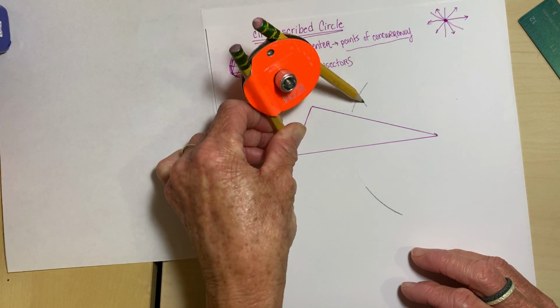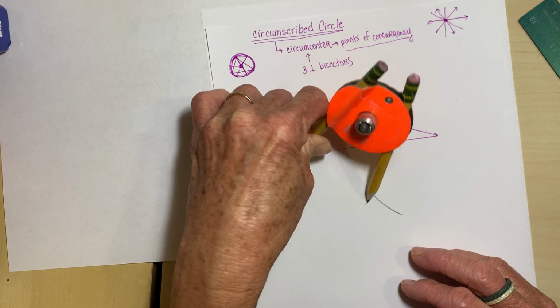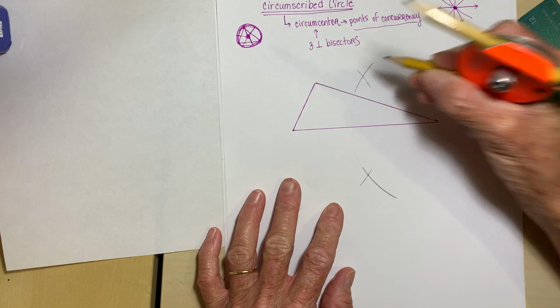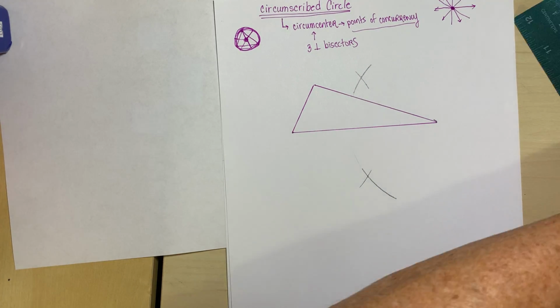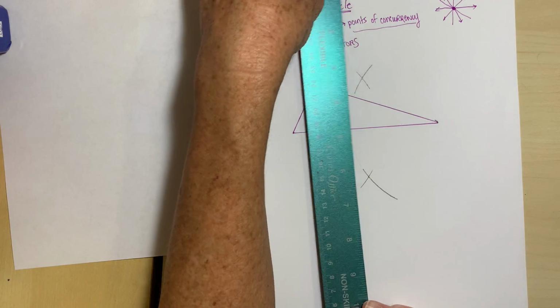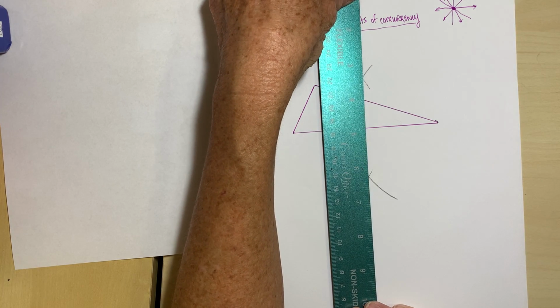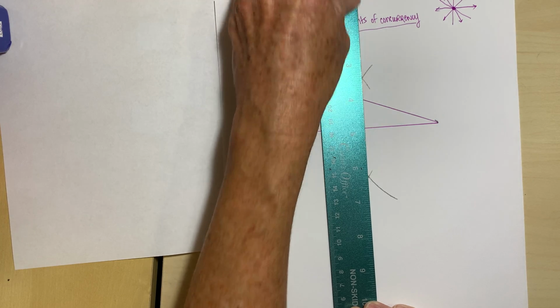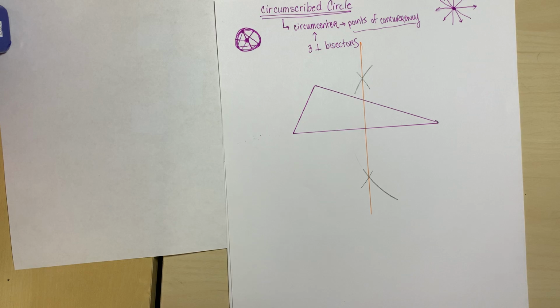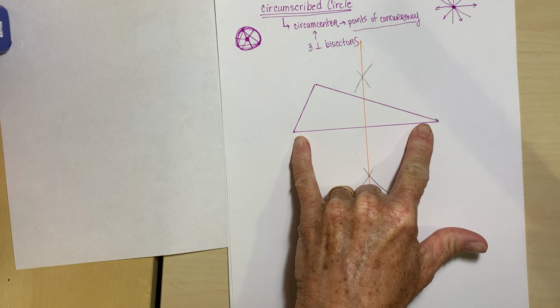And where they intersect, these are our points that we're going to use in order to draw the perpendicular bisector. So line your ruler up and go ahead and draw 1 of 3. So there it is. I bisected this side.